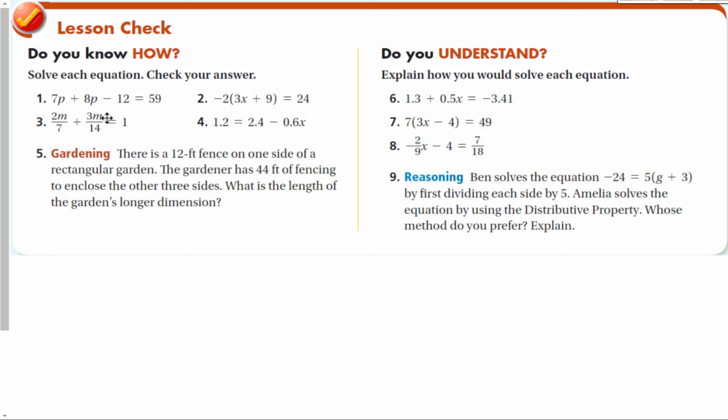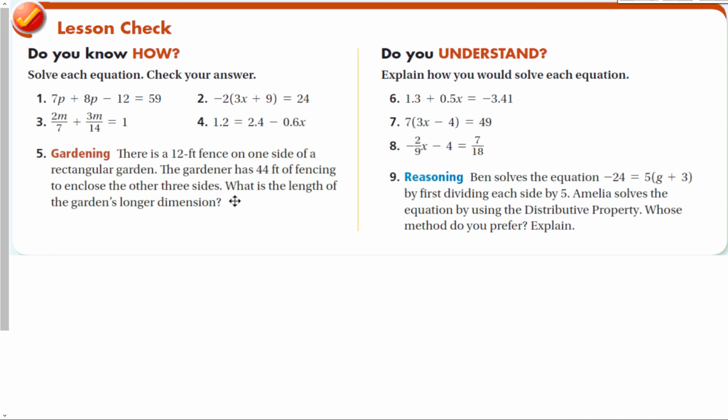For this one right here, I could choose to either distribute or divide out the -2, either way. And for number 4, I can choose to solve this with a calculator or to multiply the whole equation by 10, because there's one digit behind the decimal point.